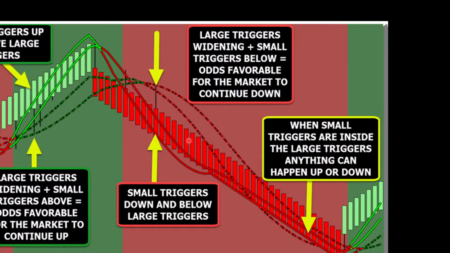You know that the market is screaming down because of the separation. But as they let off the accelerator, as the momentum begins to die, maybe you're going uphill, you'll notice that the small triggers return in. So it's not that the trend is weak, but the momentum in the trend has gone away. That driving force has begun to dissipate. Does that make sense?